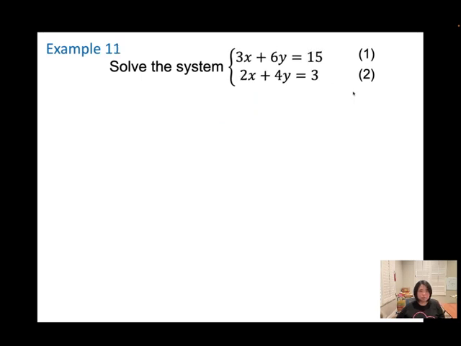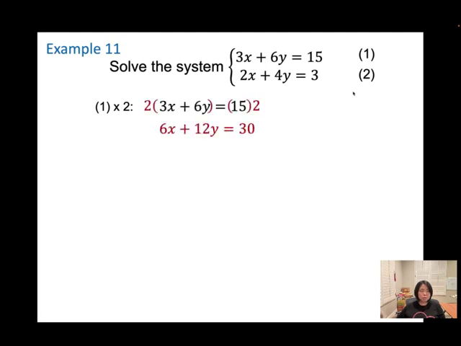Okay, try this one. For this example, I'm going to multiply the first equation by 2. Okay, times 2 here.